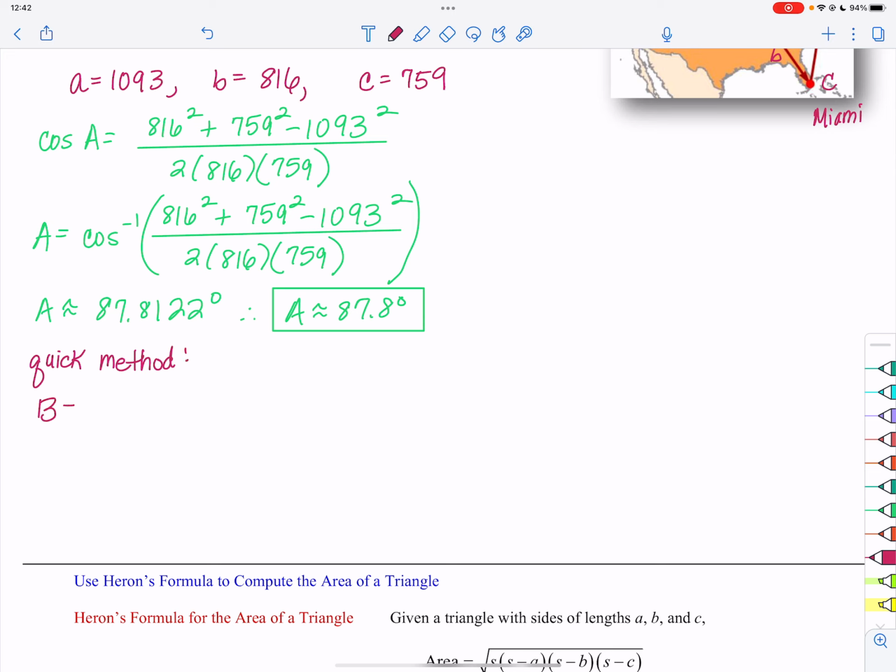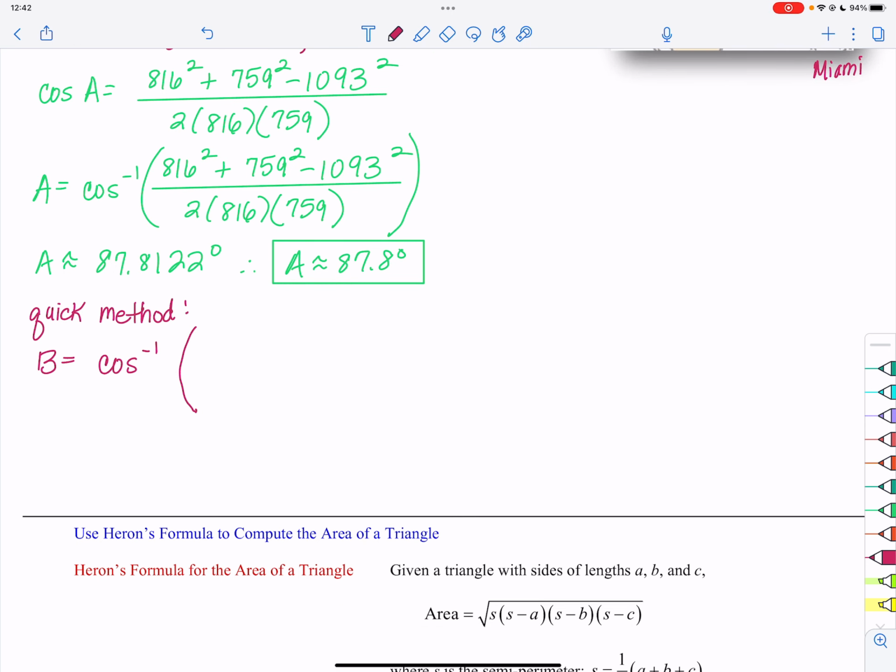Couldn't we say that B is equal to the cosine inverse and then use our law? 1093 squared plus 759 squared minus 816 squared, all divided by 2 times 816 multiplied by 759.